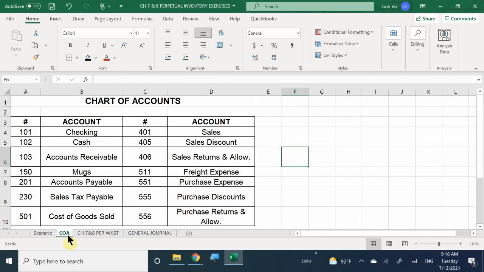But where are your coffee mugs right now? It's in inventory. Yes, it's actually in inventory. So if everything goes in inventory, that means any returns, any allowances, any discounts, whatever it is, it's all going to be taken out from inventory. So in this case, it's going to be taken out of mugs.